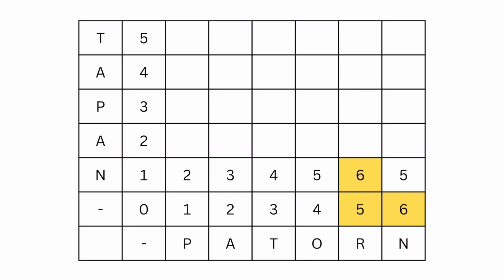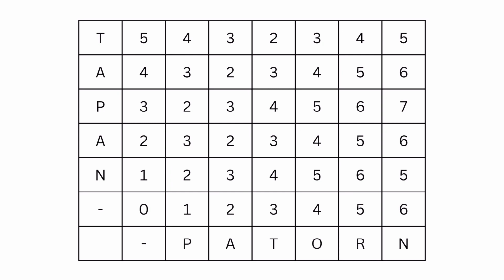We do the same for the rest of the tables, and this is the output. We can see that the value of 5 from the top right means that we have to edit 5 times from the word Napat to Patorn.